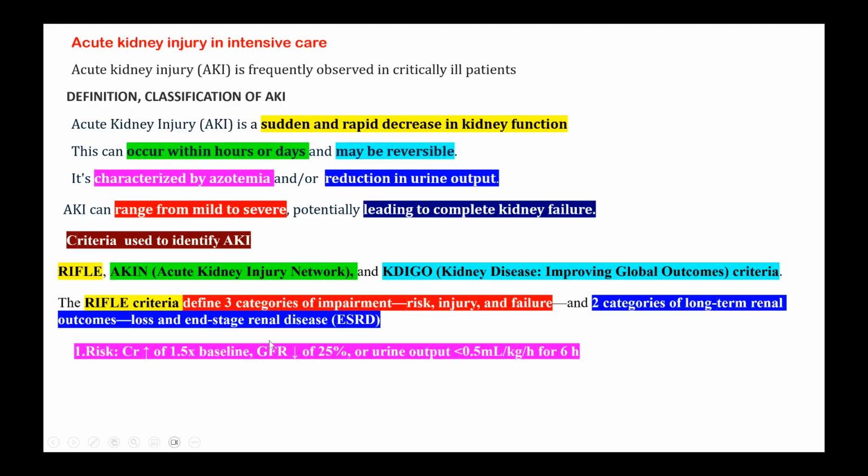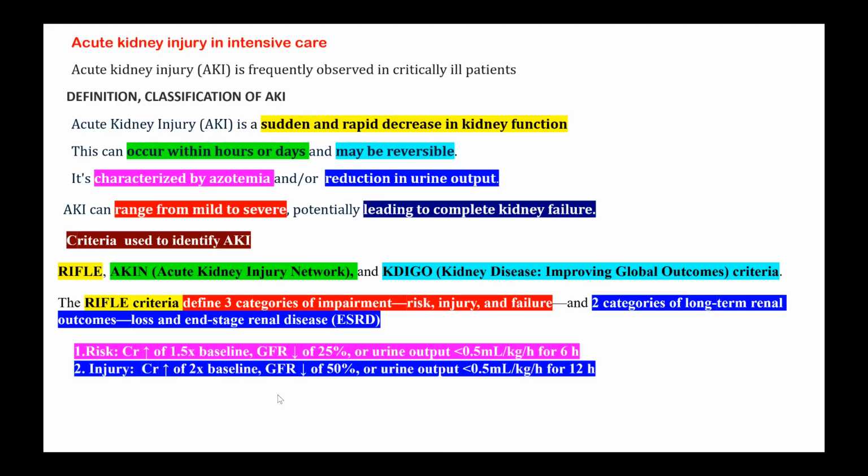We cannot be measuring the GFR all the time or calculating using the Cockcroft-Gault formula. So we use the urine output as a clinical marker for the risk that is involved. So an increase in the creatinine by more than 1.5 times the baseline value, or a decrease in urine output to less than 0.5 ml per kg per hour. It can be independently this or both, and that is called the risk.